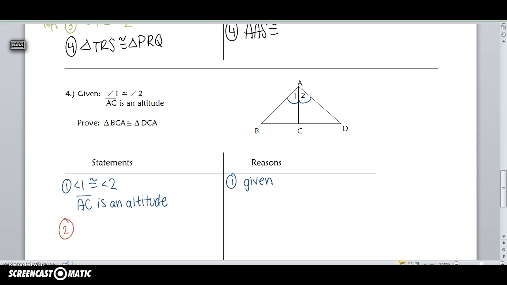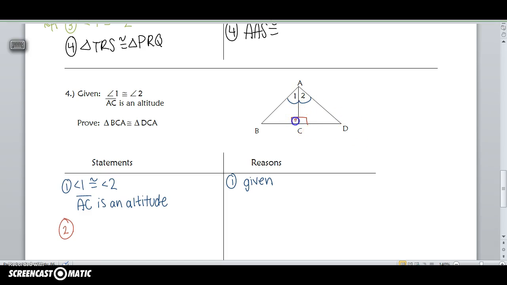What I can do is think about AC. AC is an altitude. So think about what an altitude does. An altitude divides that opposite side and creates that 90-degree angle. So we can say that ACB and ACD are right angles.